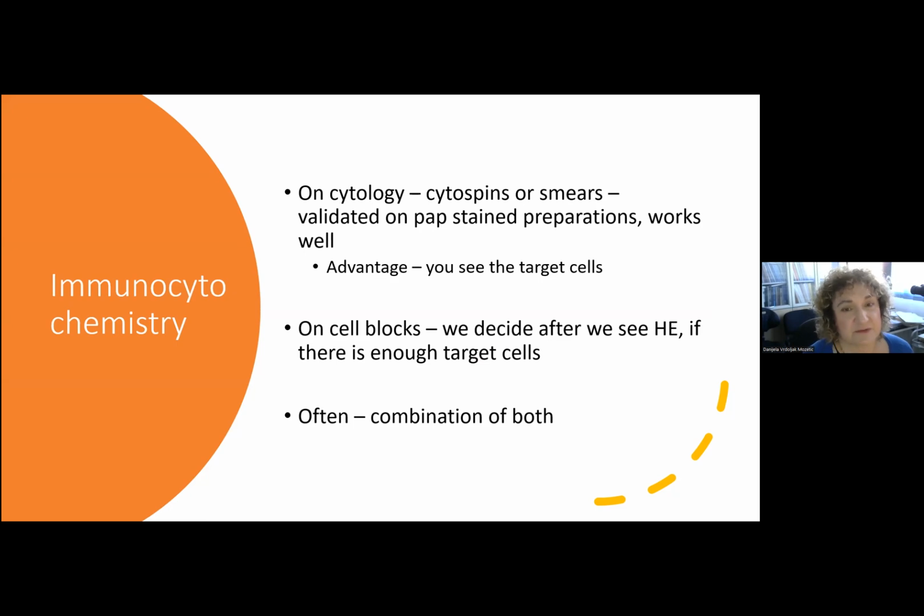You can see them. So this is the big advantage of using Pap-stained smears. Of course, on cell blocks, we decide after we see hematoxylin-eosin if there are enough target cells to proceed with immunohistochemistry. But often we use a combination of both, whatever looks better.